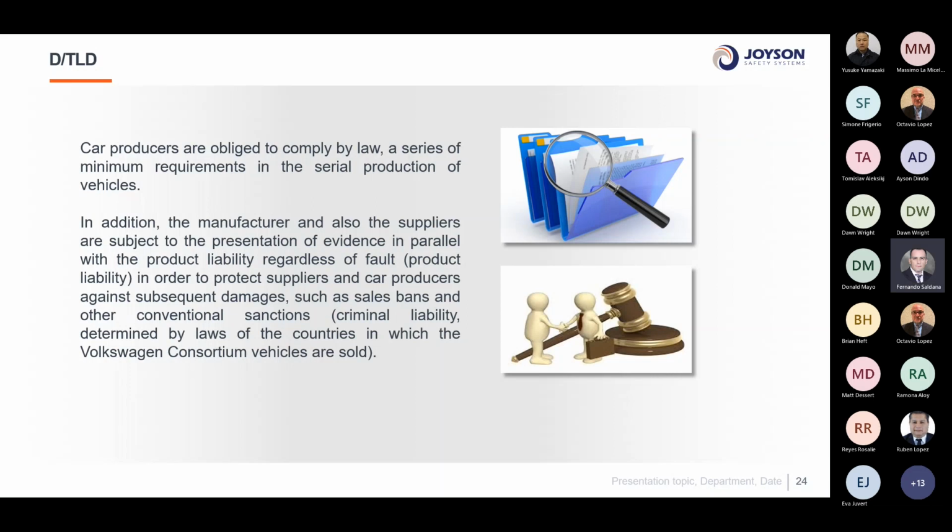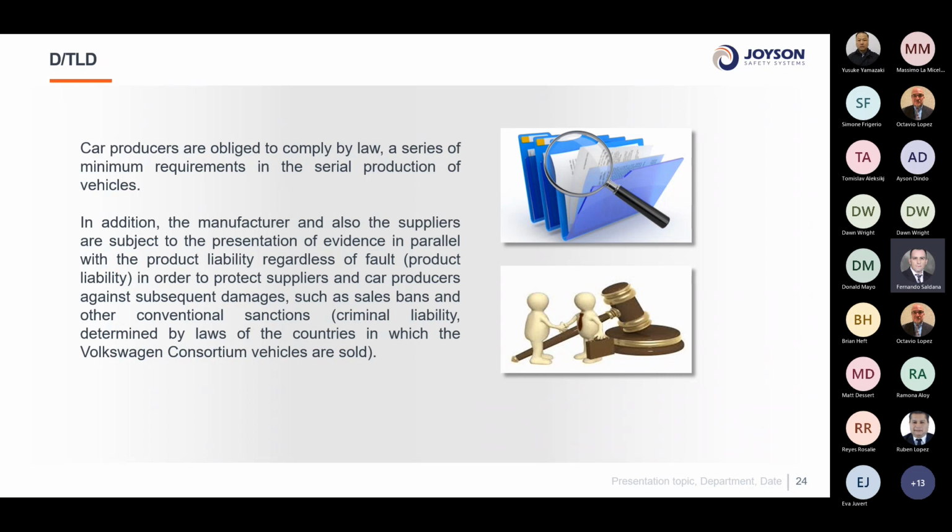This is regardless of fault, in order to protect suppliers and car producers against subsequent damages, such as sales bans and other conventional sanctions, like criminal liability. And this is determined by laws of the countries in which the BW consortium vehicles are sold. So this is very important, and I wanted to read it as it is because this is passed to us from BW in the same way. It's just to indicate the importance of this.